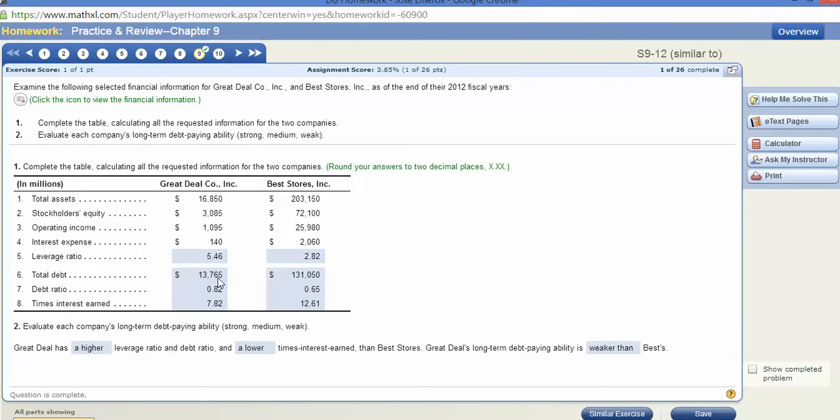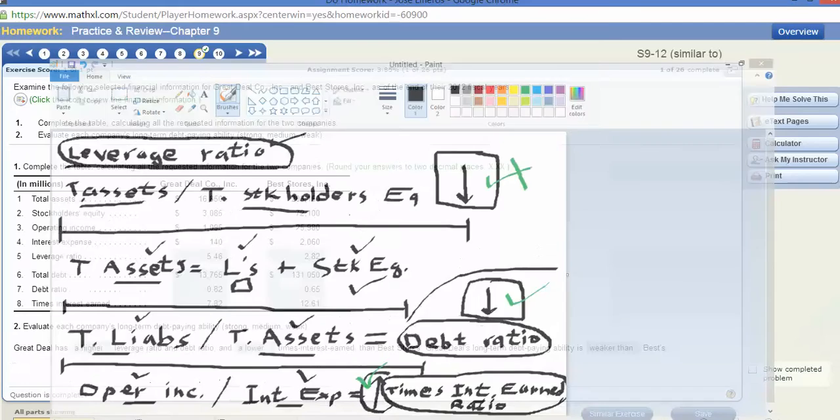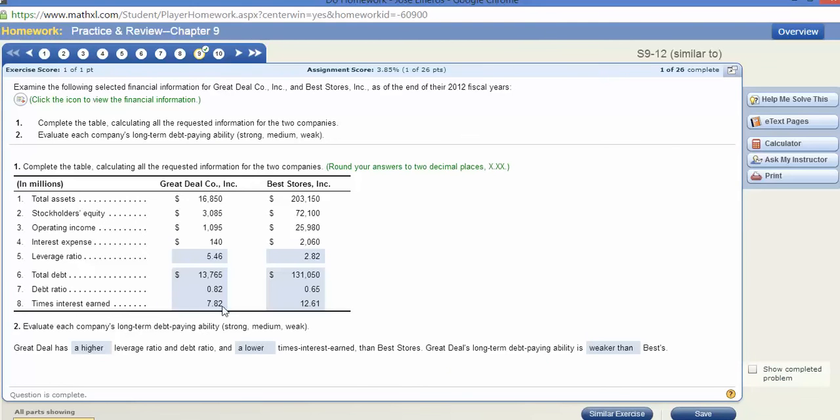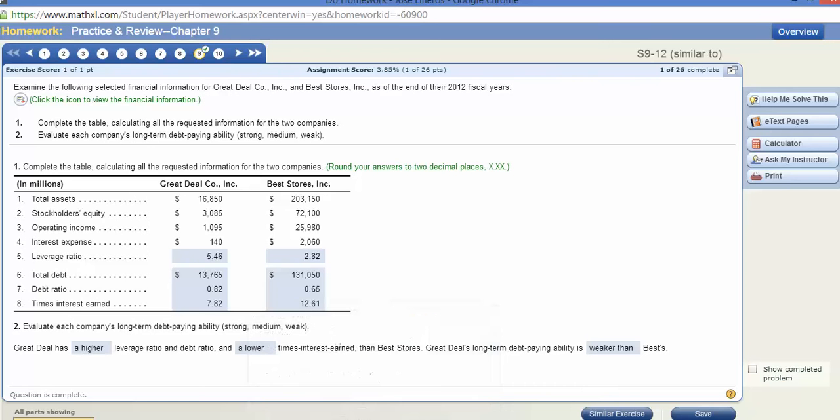Again, for both these companies, assuming you're investing in both, you want these numbers to be as low as possible. Then when you flip over to the times interest earned ratio, you notice that it flip-flops, and Best Store has a high times interest earned ratio. And here, we want it to be as high as possible. Again, Great Deal is on the wrong side of this.